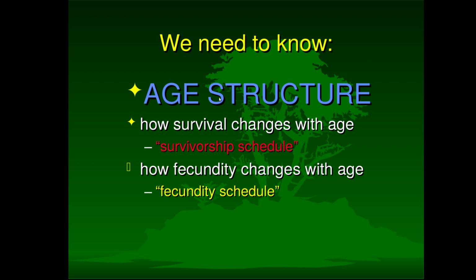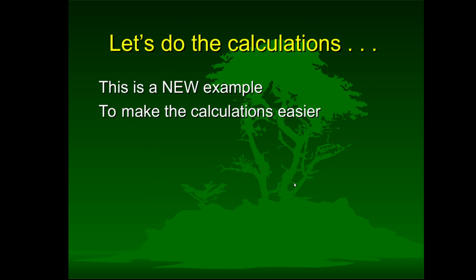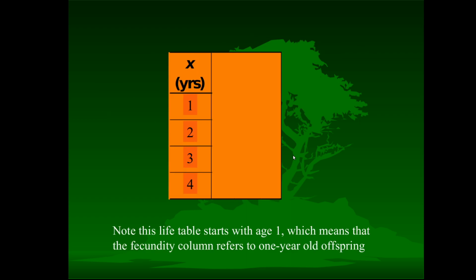So we need to know the age structure. We need to know how survival changes with age, and that's the survivorship schedule, and how fecundity changes with age, and that's the fecundity schedule. All right, so let's figure it out. We're going to put together a new example, simply with easier numbers.